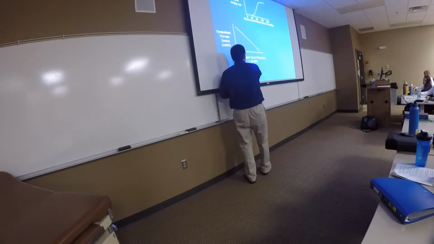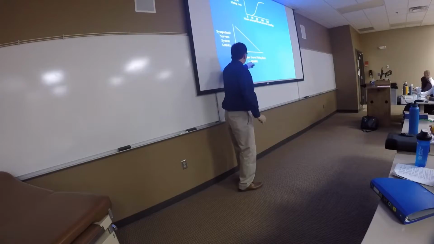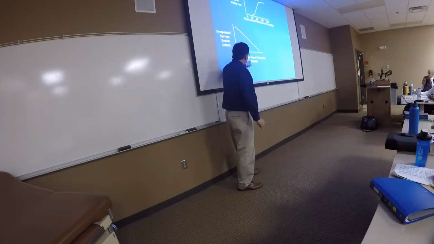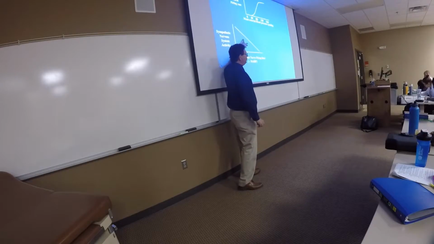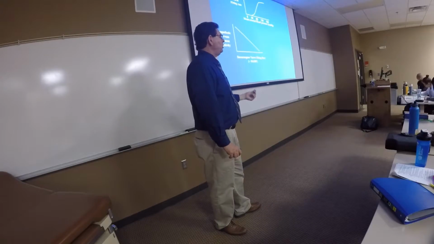So an elevation in mean arterial blood pressure will lead to an elevation in baroreceptor nerve firing rate. And what does that do? It causes sympathetic nervous system activation to go down.